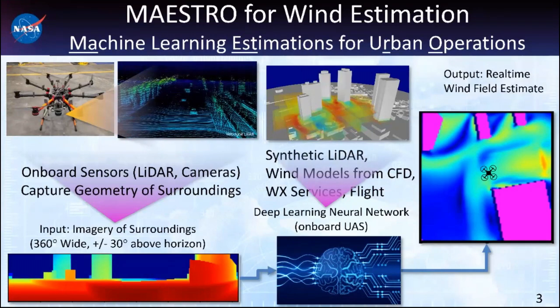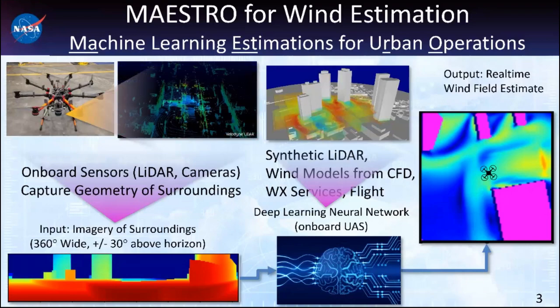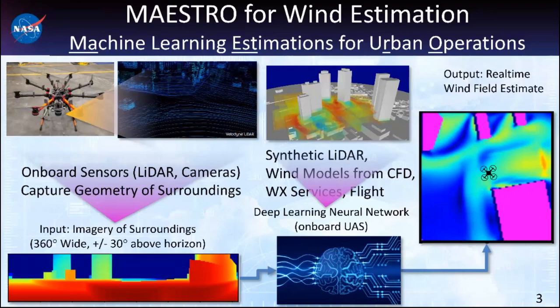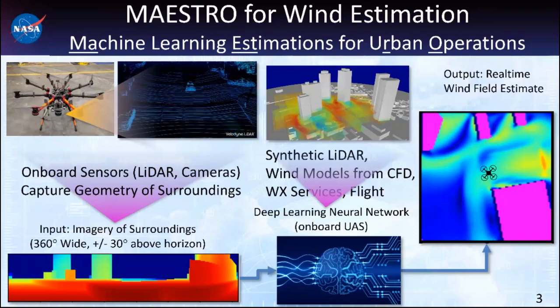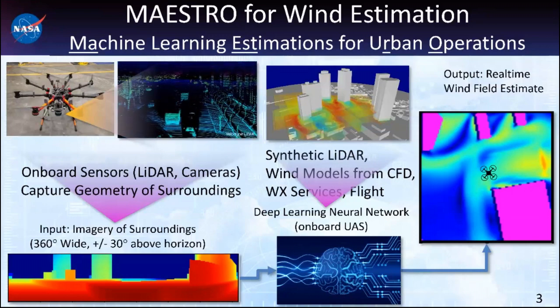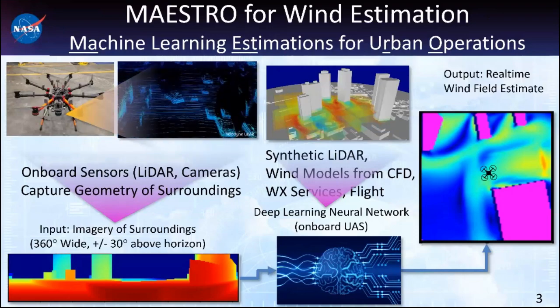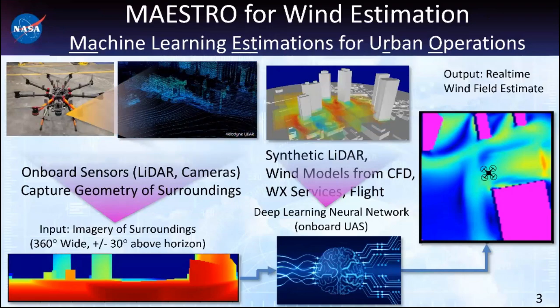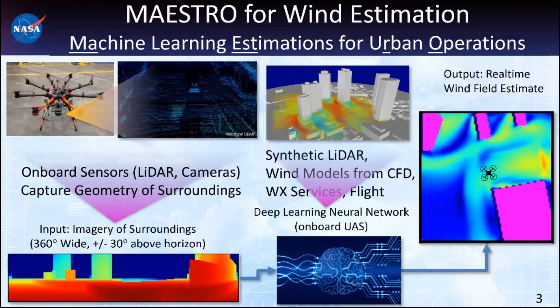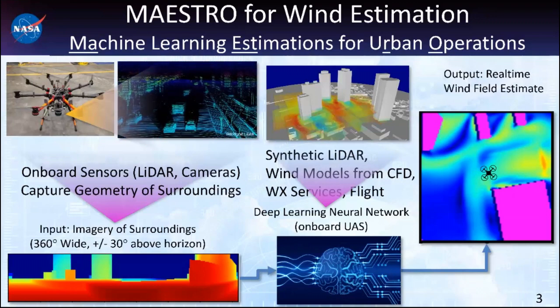We're initially focusing on LiDAR, and the LiDARs we're looking at have a range right now out to around 250 meters. So these estimates will cover the entire 360 degrees surrounding the vehicle, and we feel those could be extremely useful in determining safe and efficient traversal paths between waypoints.